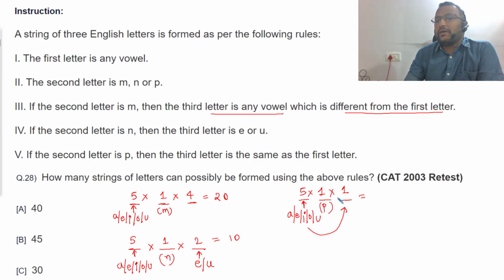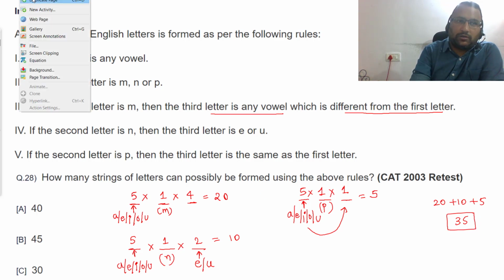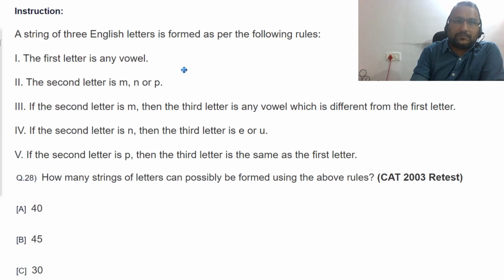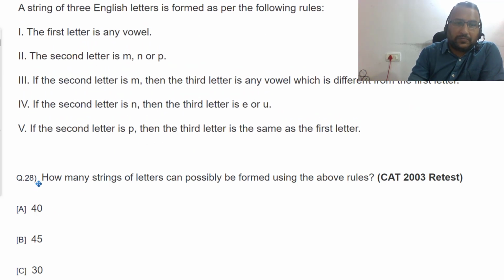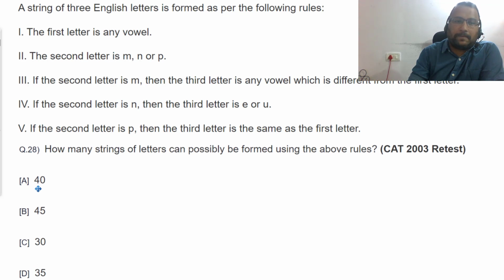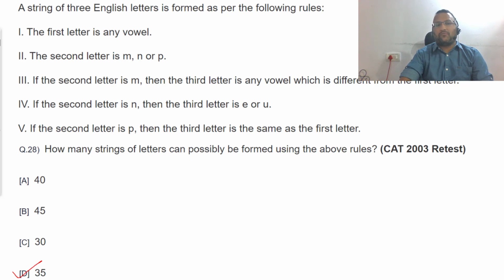So in the third case total there are 5 three-letter strings we can form. So the final answer of this question is going to be how much? 20 plus 10 plus 5, that is 35 is the final answer to this question. And that is option D, everyone. So this is how we can solve this question number 28.